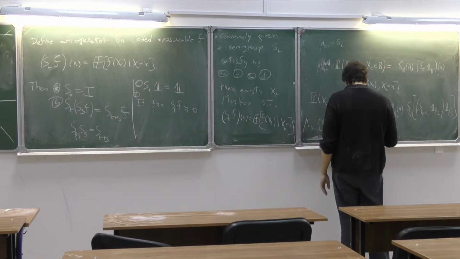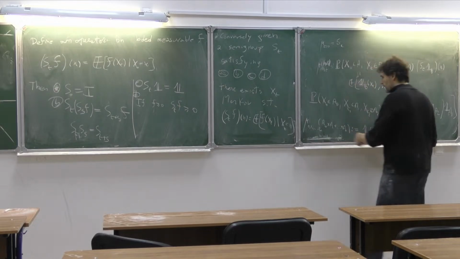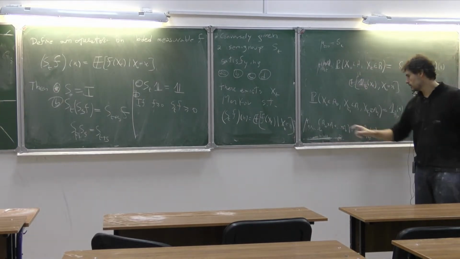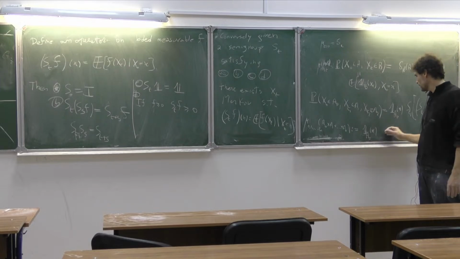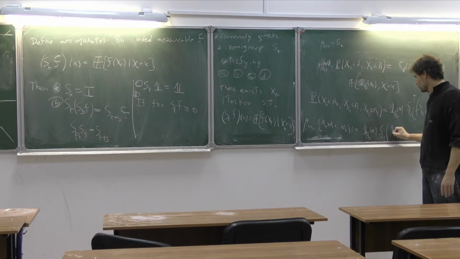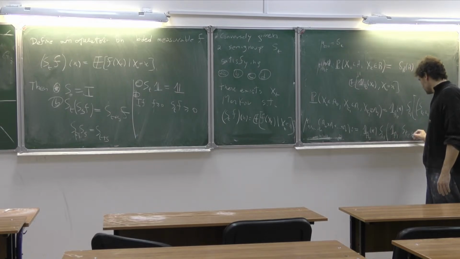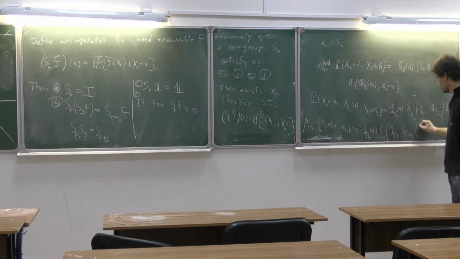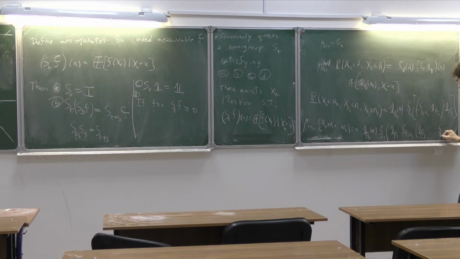It is 0 unless the point where I want to start is in A0. Then I define S_t1 of 1_A1, S_(t2 minus t1) of 1_A2, up to S_(tn minus t(n-1)) of 1_An.